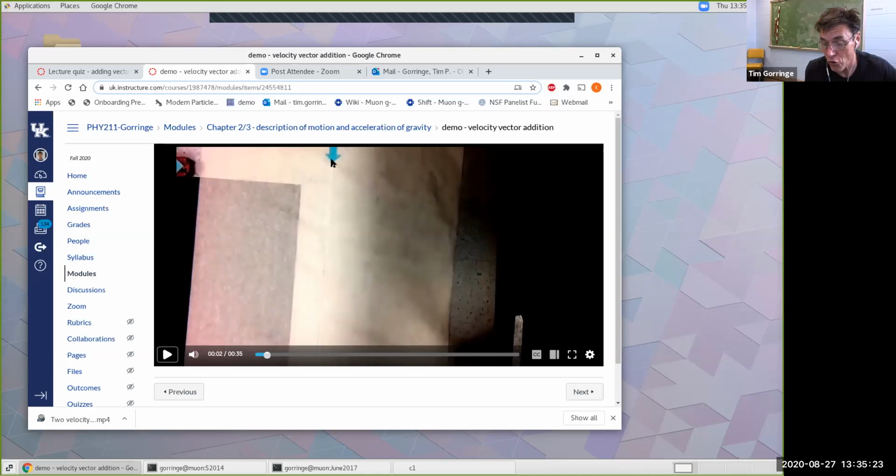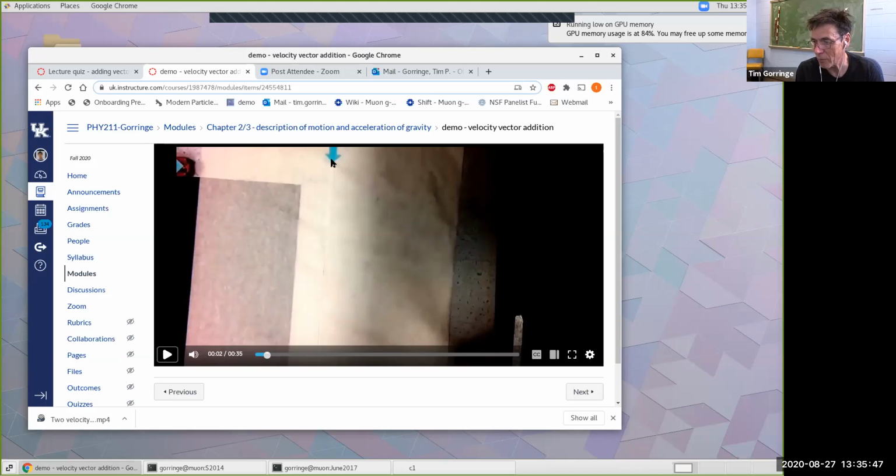And so the truck will be moving across the sheet of paper, but the sheet of paper will be moving over the floor. And if you want to know the motion of the truck across the floor, then you have to add together the motion of the truck across the paper and the motion of the paper across the floor.